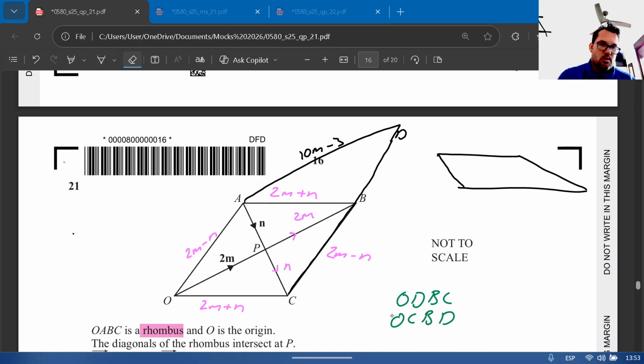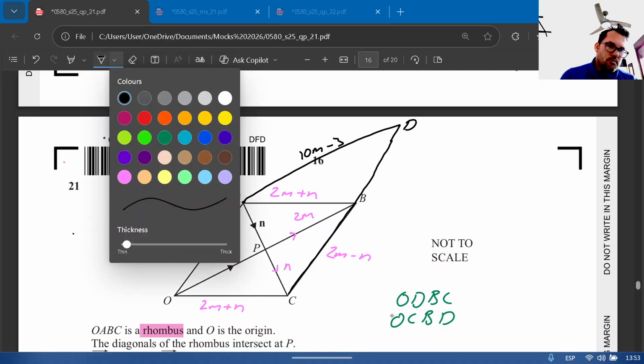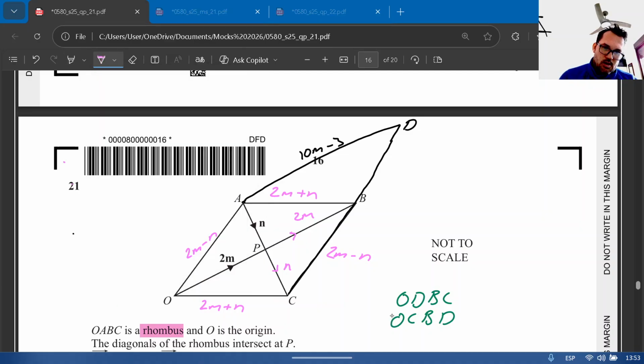Looks a little bit better, but it's still ugly. All right, which means we want this and this to be parallel. Yes? Okay.